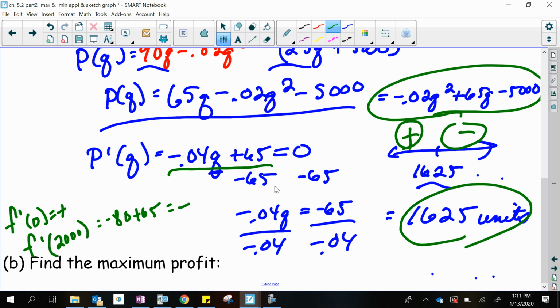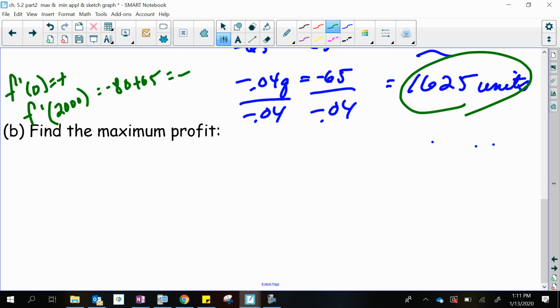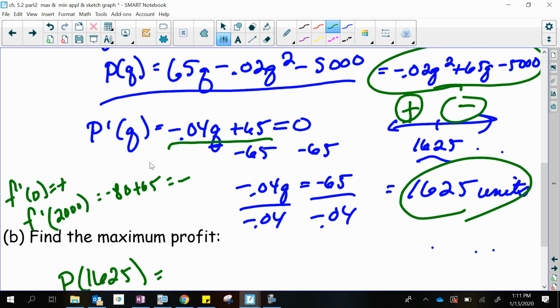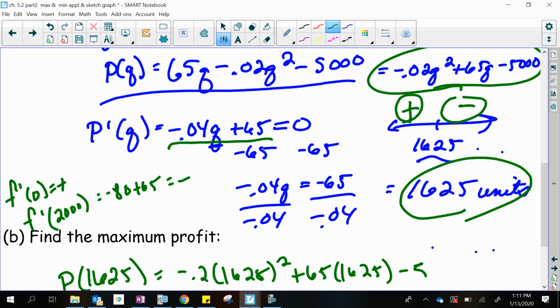So then to actually answer the question about how much money we can make selling 1,625 units, we plug it into this one. So negative 0.02 times 1625 squared plus 65 times 1625 minus 5,000.